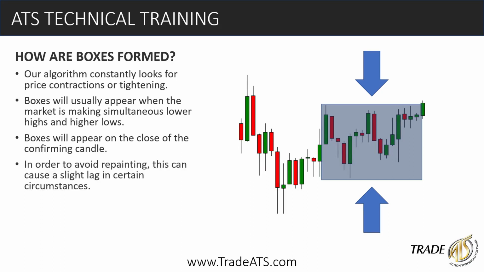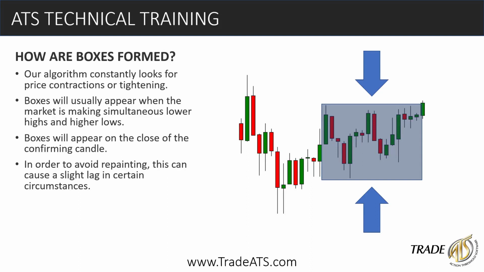The reason that we had to do it this way is that we could make the boxes appear sooner, but that would also cause them to disappear if it didn't confirm, which would cause it to repaint. So to avoid any kind of repainting, we did have to go off the close of a candle on this specific function. We don't want to have anything that repaints. We want it to be what it was, so when you do your backtesting, you can see an accurate representation of what happened.